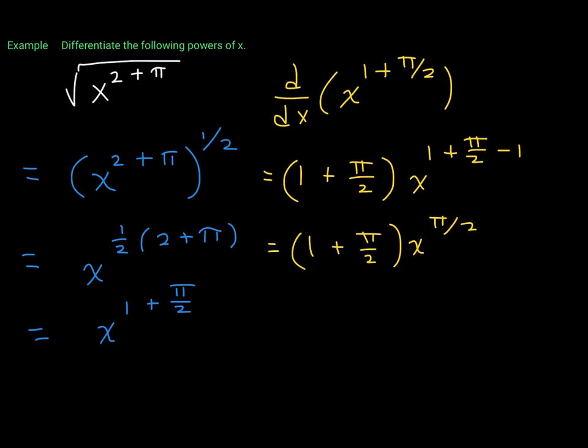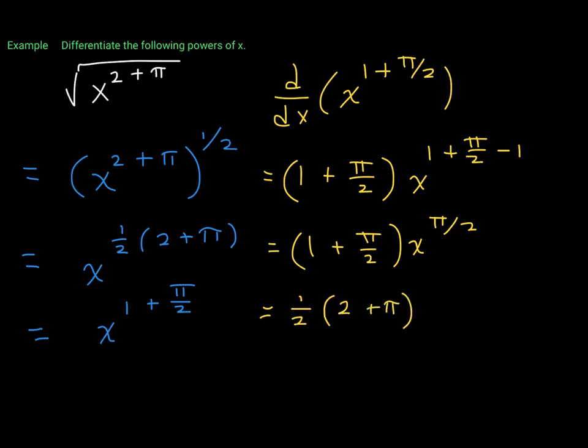If we want, we can rewrite this so that it looks a little neater, or more simplified. You can factor out a 1/2 right here from this expression, so that we don't have a fraction. If you factor out 1/2, then this is 2 plus pi. That looks nice, right?